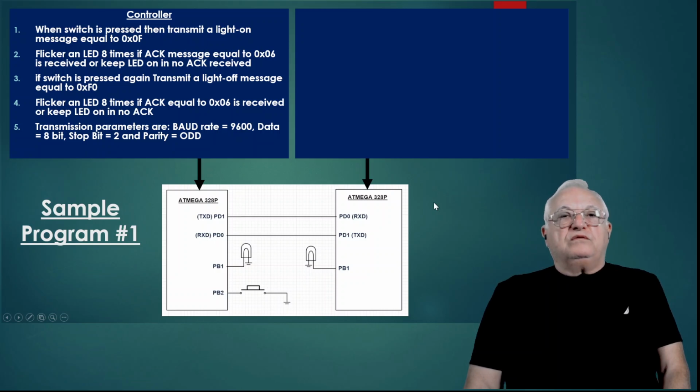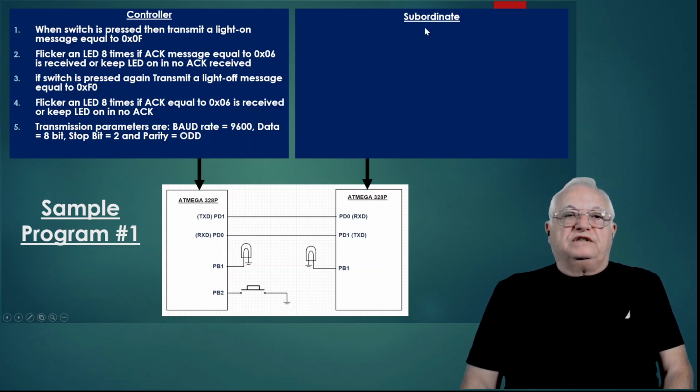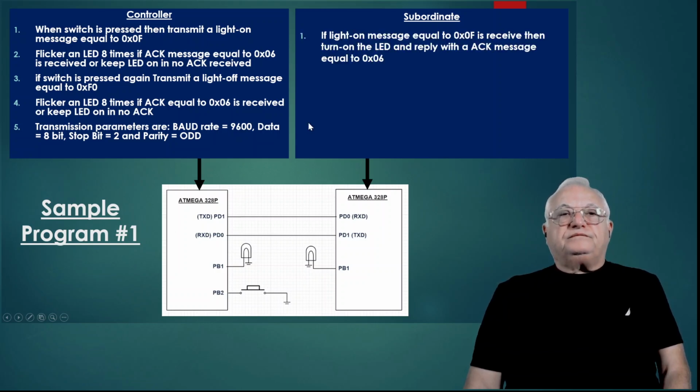Now let's look at what I've called the subordinate, just to differentiate. So this is going to be the controller and this is going to be the subordinate. If a light on message equal to 0F is received, then turn on the LED and reply with an acknowledge message equal to 06.